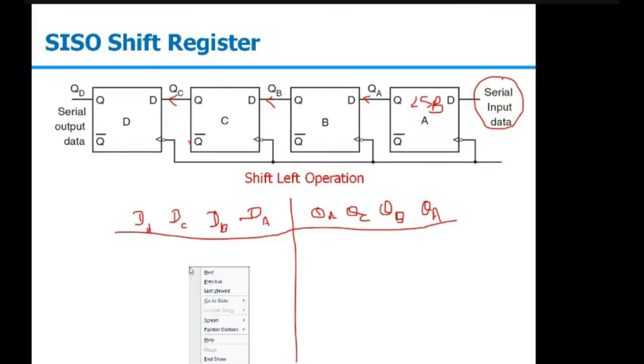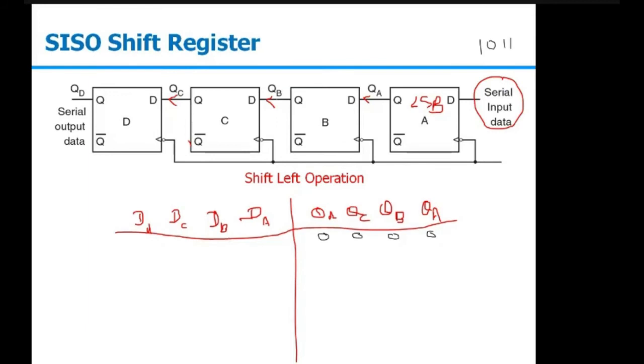Now consider the first case, that initially all the flip-flops are in the reset state. So when all are in the reset, initially we had 0 0 0 0 data, and let's say you want to store 1 0 1 1 in this shift register.